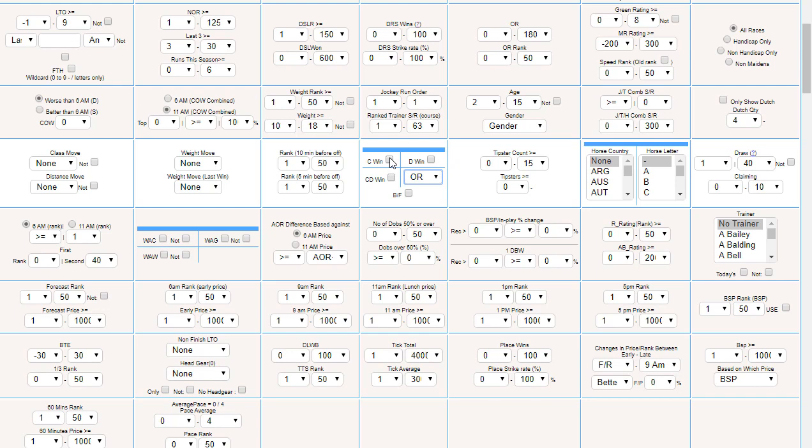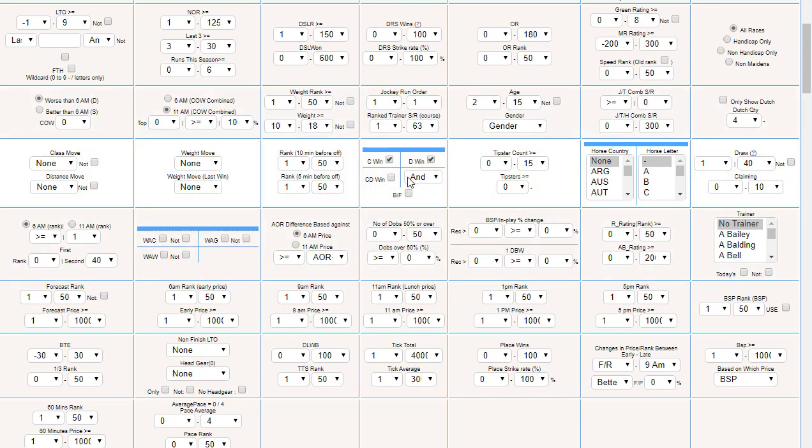So you can put one at course or one at distance, so you can combine both of them, or CD win and D win, that kind of thing, or you can go and. So one at course and one at distance is not the same as course and distance. That's just one at the course and one at the distance, and that distance could be at a different course.